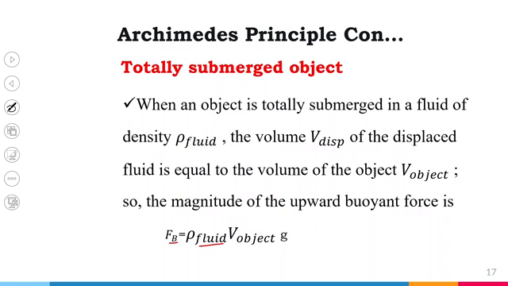This is F buoyant equals rho fluid times g times V object. If the object is totally immersed in a fluid, the volume of the object and the volume of the displaced fluid are equal. This is only when the object is totally submerged in the fluid.